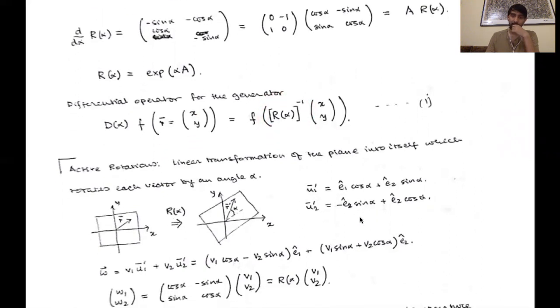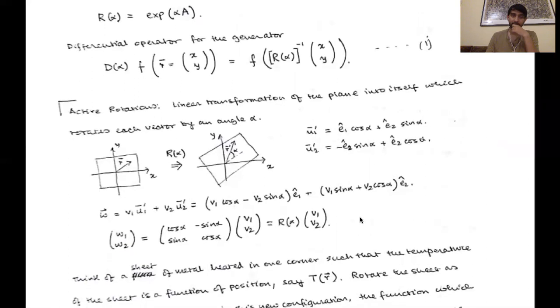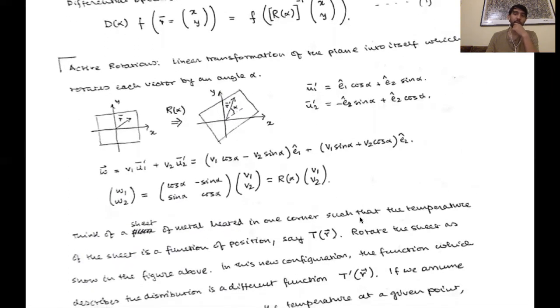So you start off with f of r, where r is at x and y, and this is going to move you to some f which now has r inverse acting on x and y. Okay. I have a little explanation for why this is the case. This is something that you might be familiar with from things like transformations which are active.